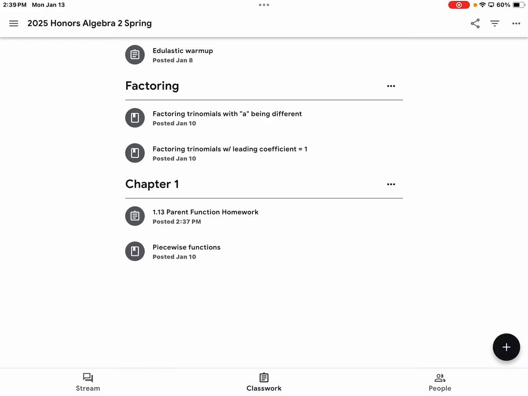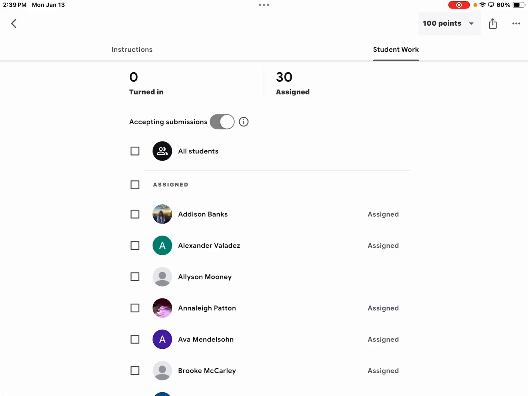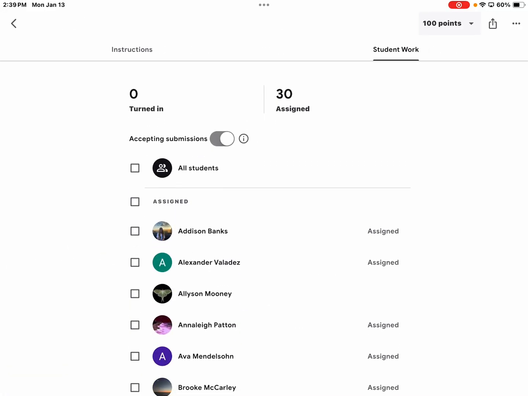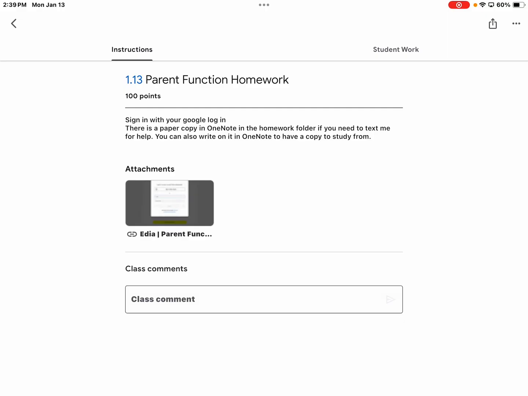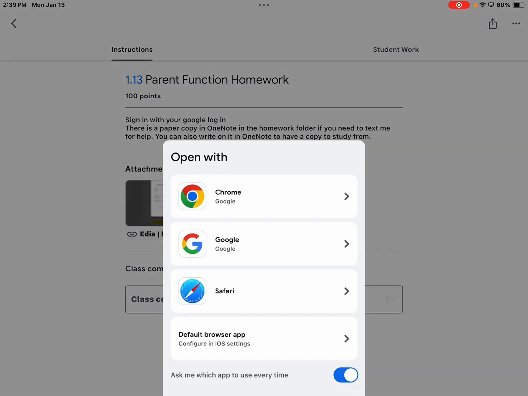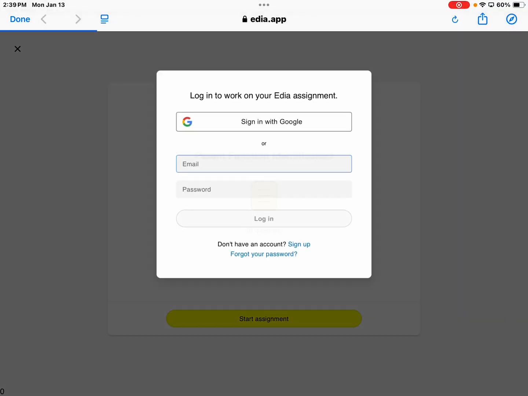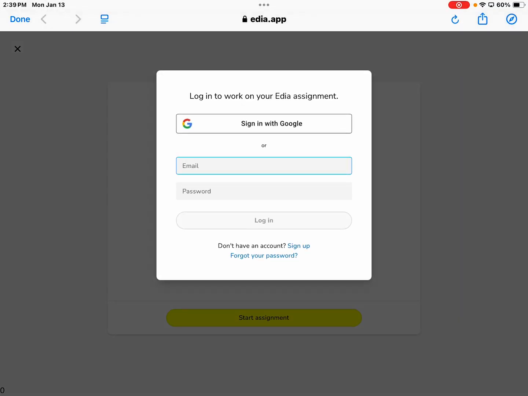Which says Access Plus? The parent function homework? Okay, give me a second. All right, so you clicked on it. You're going to sign in with Google.